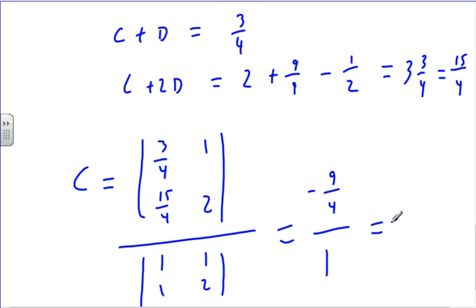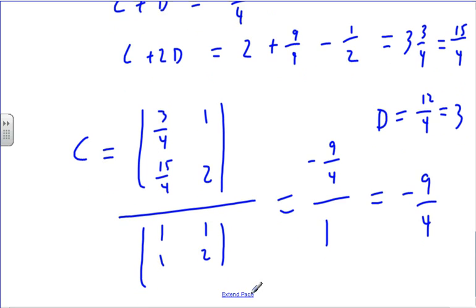So C is going to be minus 9 quarters. If C is minus 9 quarters, then that implies D is going to have to be, what's 9 in 3? 12? It's going to have to be 12 quarters, also known as 3.